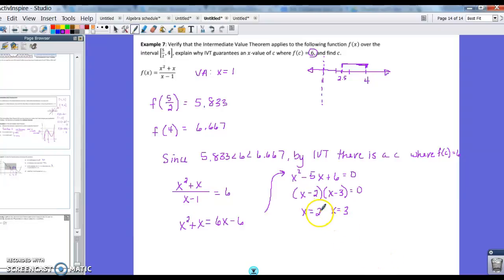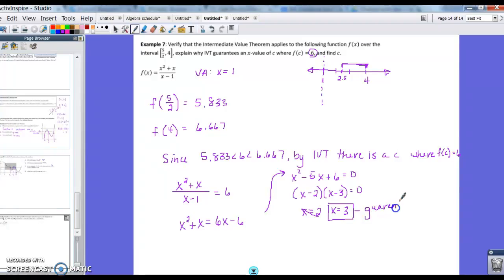Now, 2 does not fall in the interval from 2.5 to 4, so we can eliminate that one. So our c value is 3, because it said to find c. We left everything in terms of x, but it's really f of c because we let that equal 6. This value is guaranteed by the theorem.